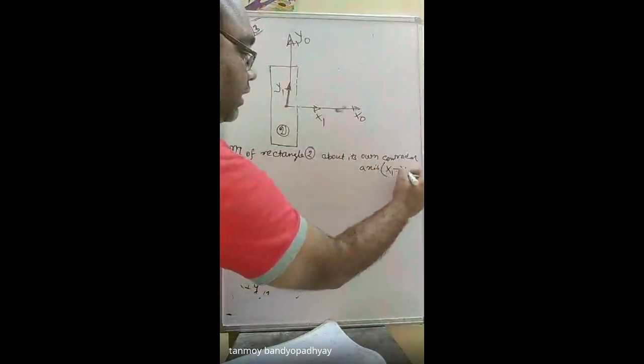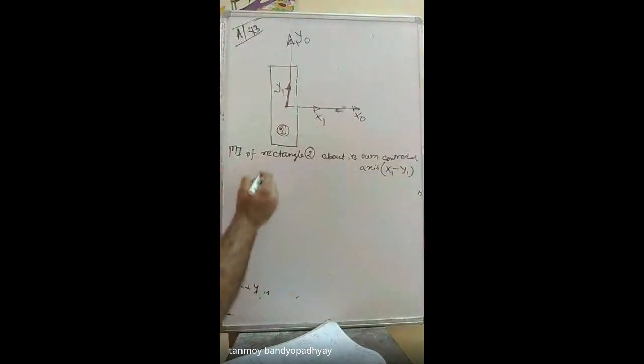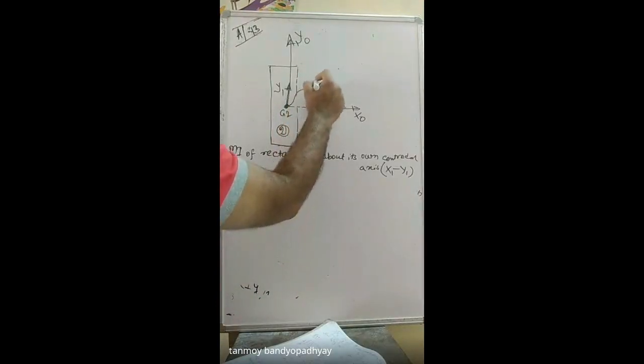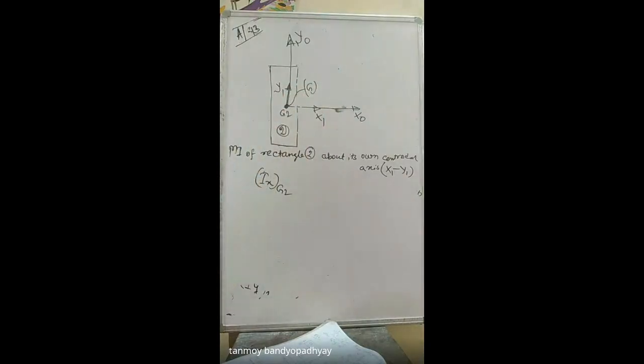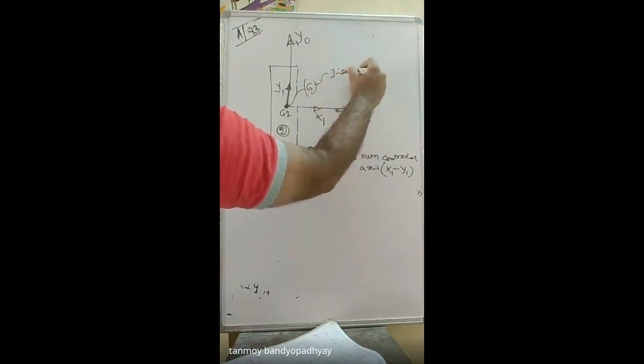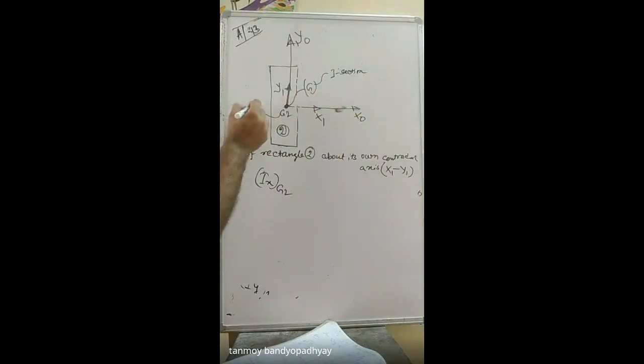So x1 y1, OK? Here this centroid I am calling G2, and I hope you remember that this G is the same G of the I section, so the G of the I section is coincident with G2. So this is for element 2, or rect 2. G is coincident with G2, so it is easier.